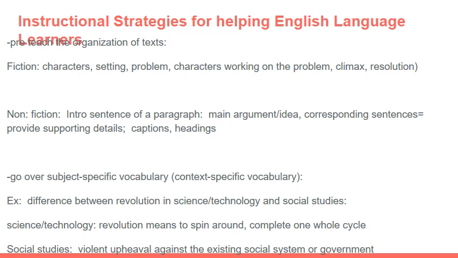However, in social studies, revolution means something entirely different, where it's individual people or groups of people fighting the existing social system or government. And so in each content area, you need to explain the specific vocabulary that's high use and high frequency. And also you want to make sure that you explain how certain words have different meanings across contexts.